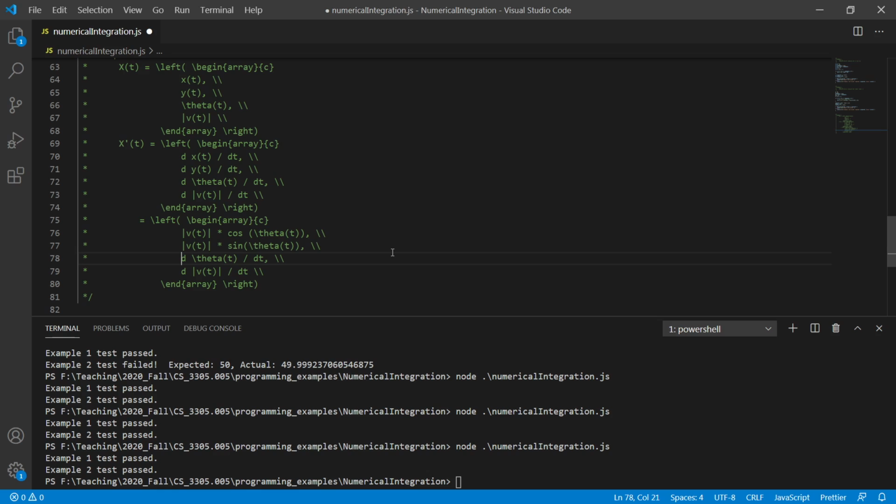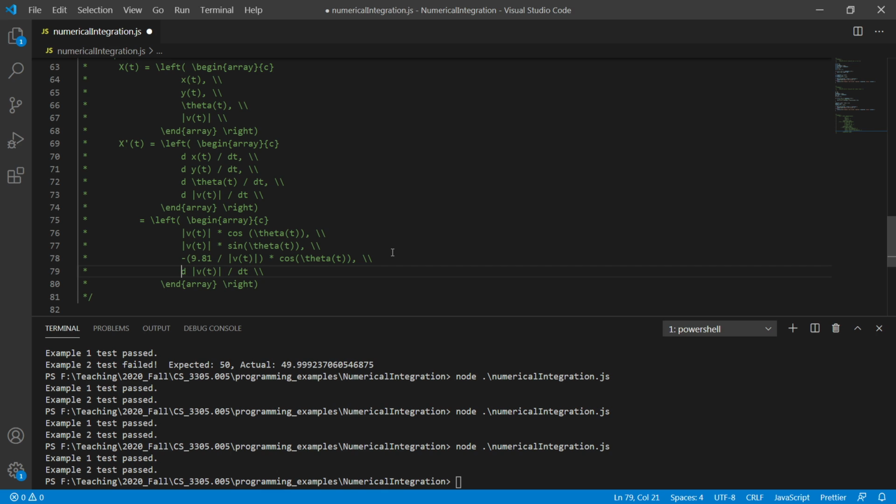Our radial velocity is going to be computed from the gravitational acceleration divided by our speed times the cosine of theta at that point in time.